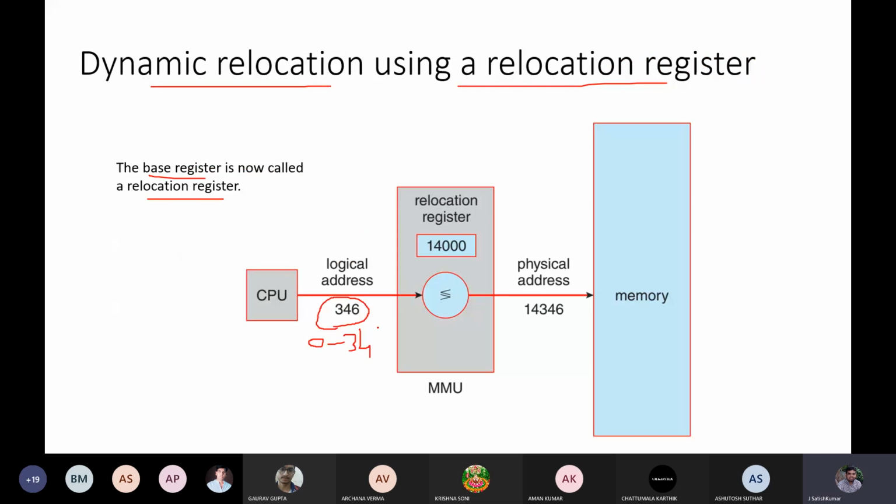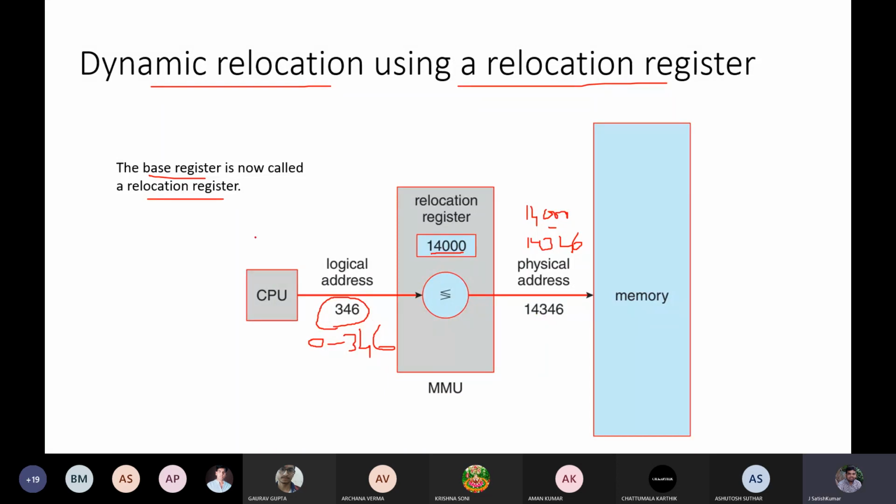So the range of logical addresses is 0 to 346. For the physical address, the space available, the base register or relocation register, is 14,000. So the address is allocated from 14,000 to 14,346. Now the physical address will show that the address is 14,346.